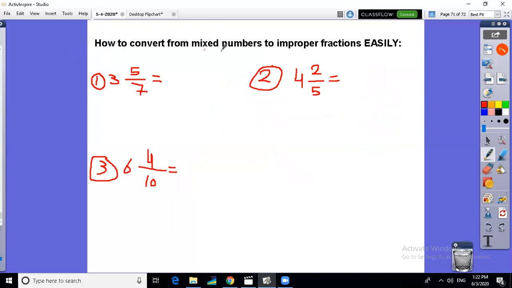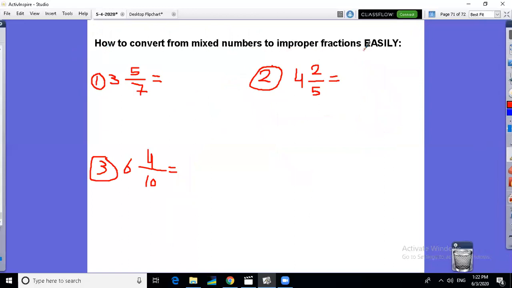Here, it says how to convert from mixed numbers to improper fractions easily, in a very easy peasy lemon squeezy way. All right, how can we do this? Here we have a mixed number, it's 3 and 5/7. Looking at the denominator, which is here 7, multiplying it by the whole number that we have, which is 3, gives us exactly 21.